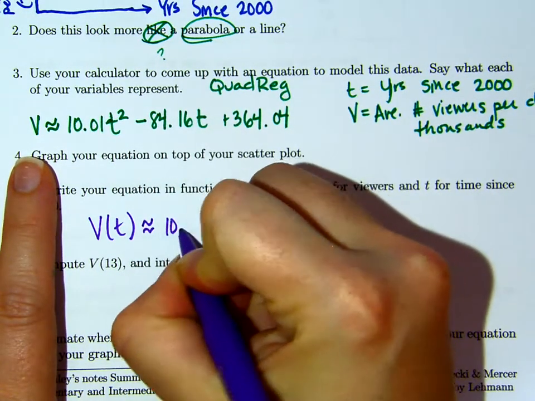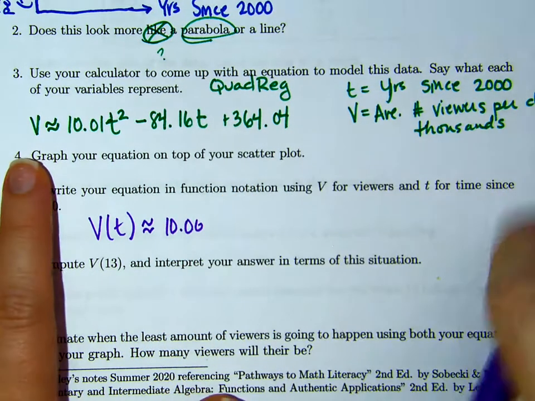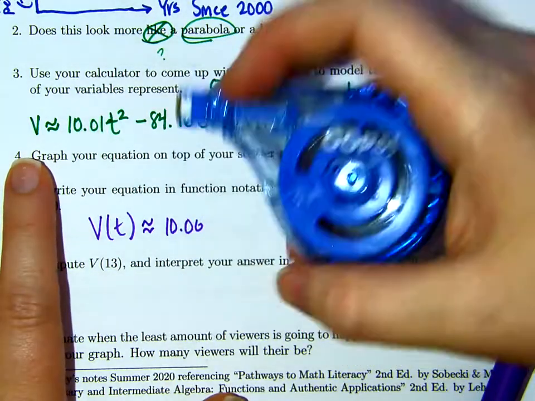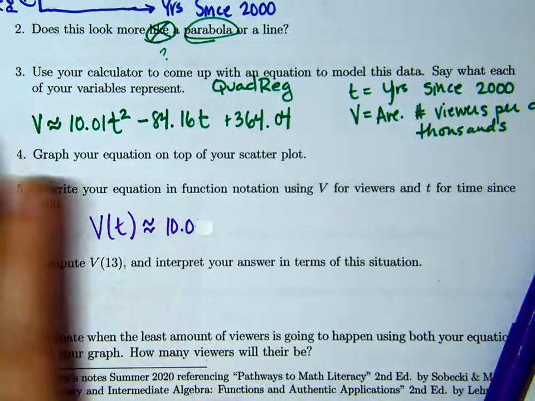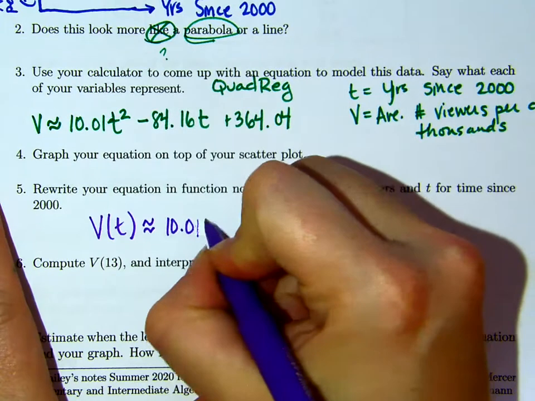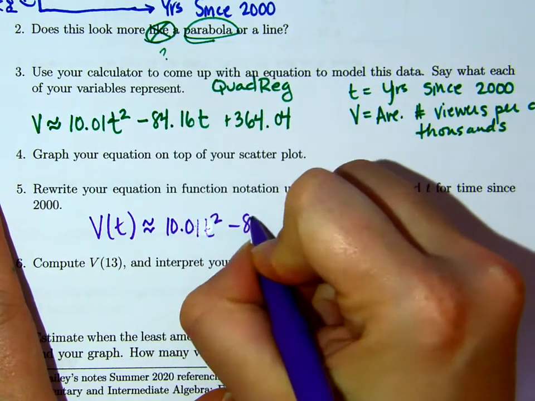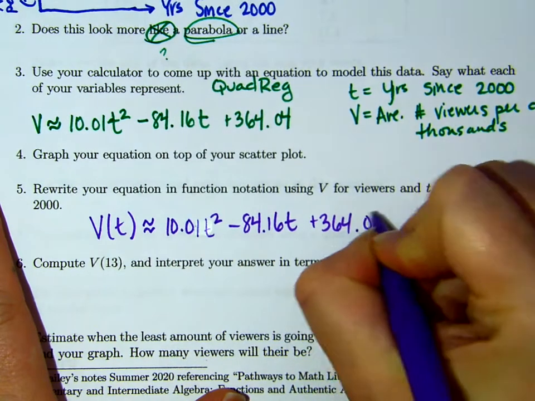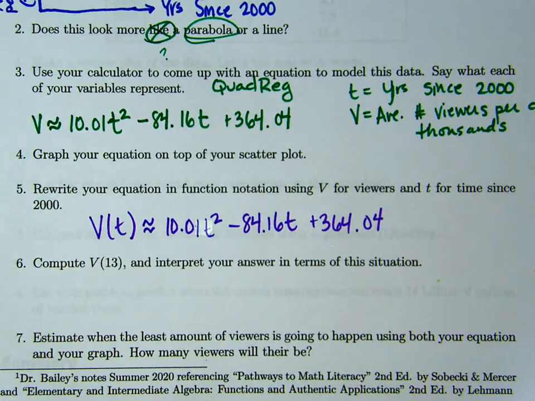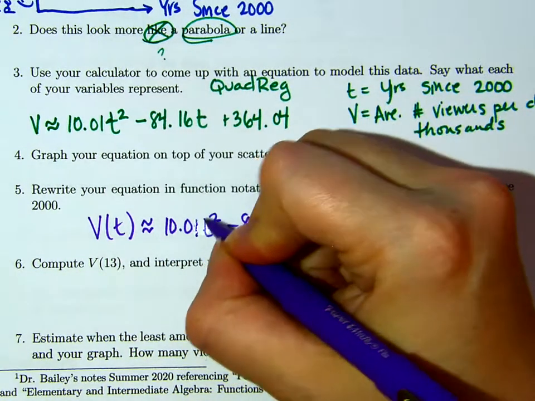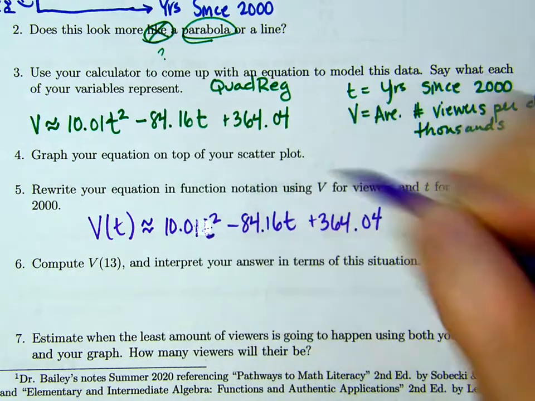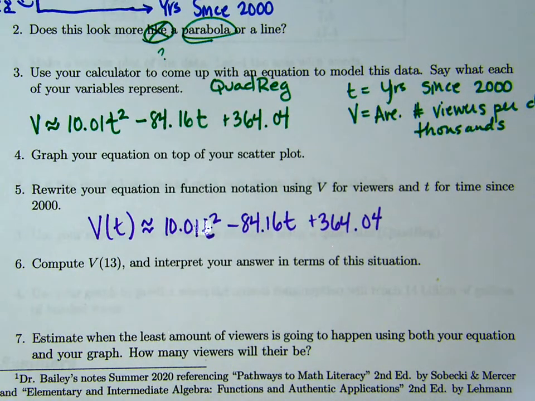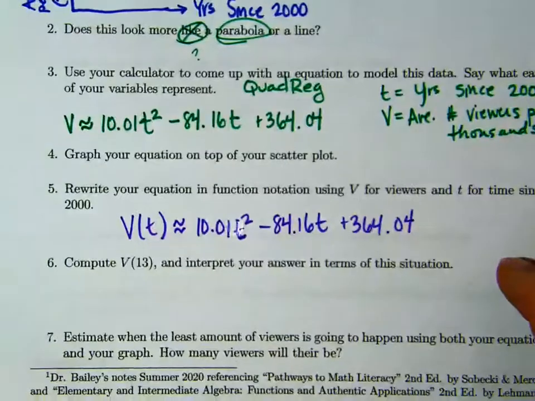V of t is approximately 10.01 t squared minus 84.16 t plus 364.04. There it is in function notation. Input a time, and this thing outputs thousands of viewers per day.